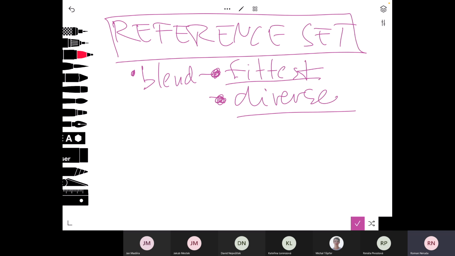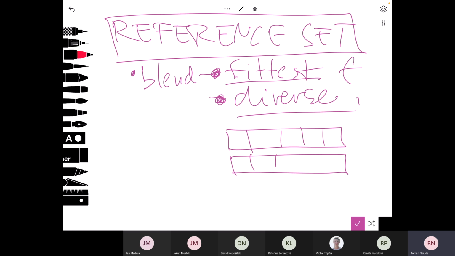So the diversity, good fitness, of course, you compute the fitness and that's it. And the diversity, you're basically looking at your solutions, and you're computing some kind of distance of the individuals. If it's points in Euclidean space, so if these are vectors of reals, then this can be a Euclidean distance, right? If you have binary vectors, you have some kind of Hamming distance, and so on, right?